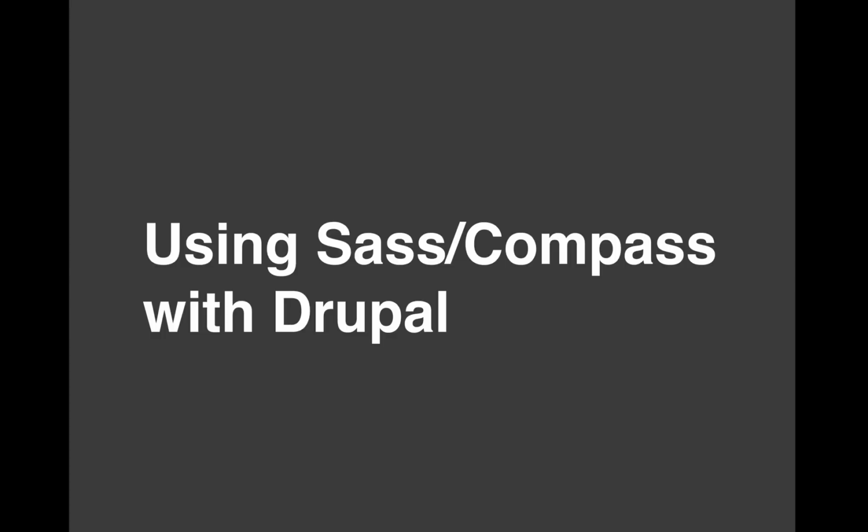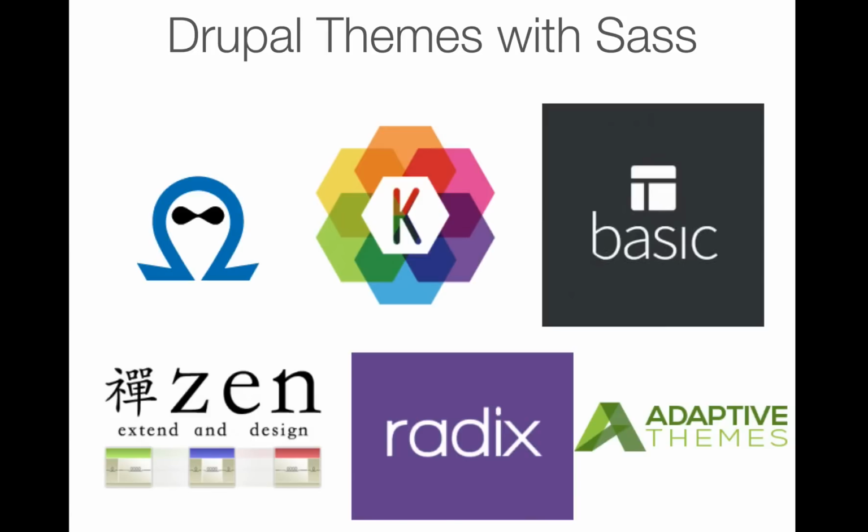So using Sass and Compass with Drupal, I already showed you how to create a custom theme that's based on Sass and Compass. And there are lots of themes out there for Drupal that already use Sass and come with Sass files. And a lot of these are base themes. So for example, Zen, Omega, these are base themes that you've probably heard of, or they're maybe ones that you're using.